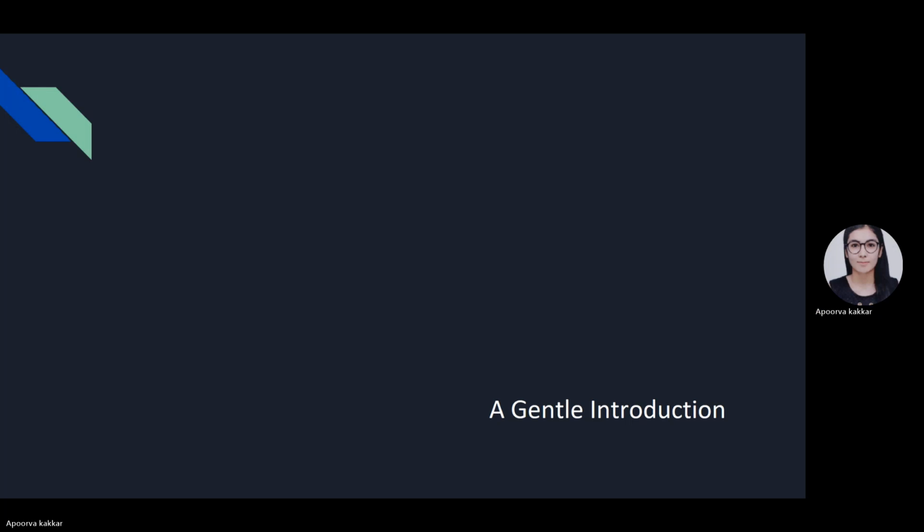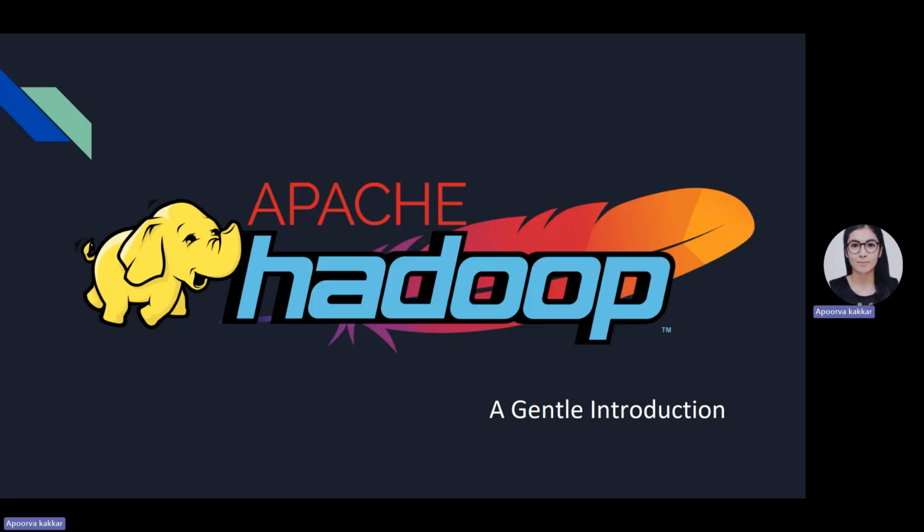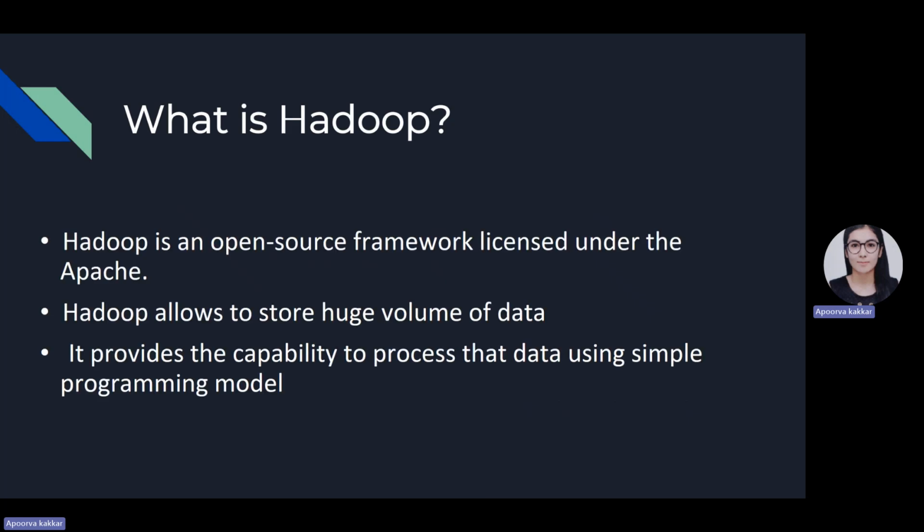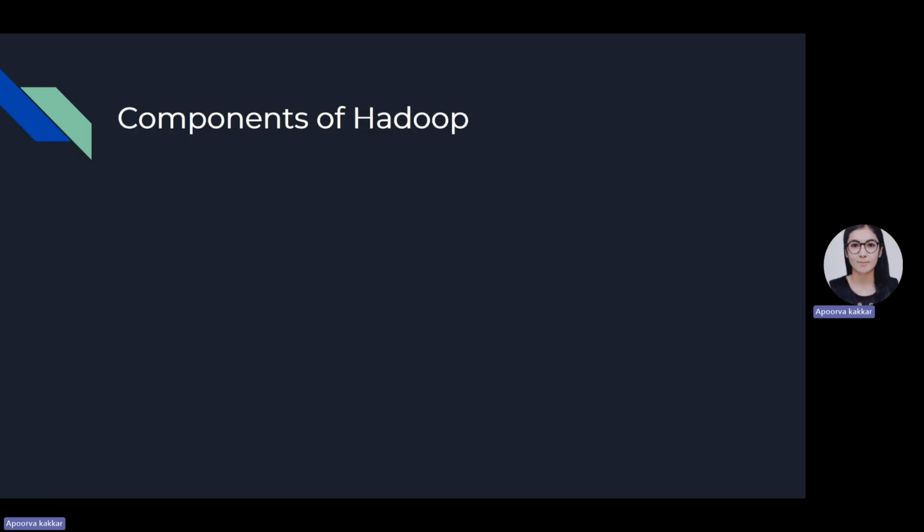Then how was this big data being handled? It started with Apache Hadoop. What is Apache Hadoop, or Hadoop? It is an open source framework licensed under Apache, which allows us to store, manage, and parallelly process data in a single structure. How does Hadoop work?